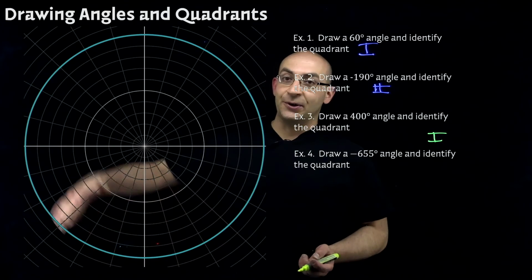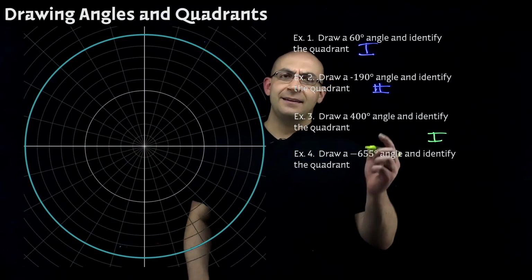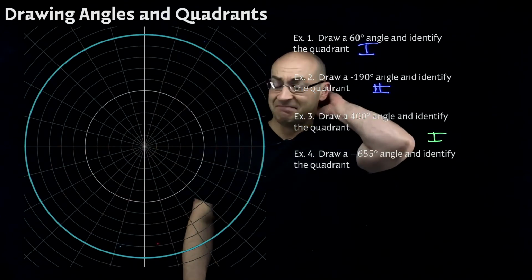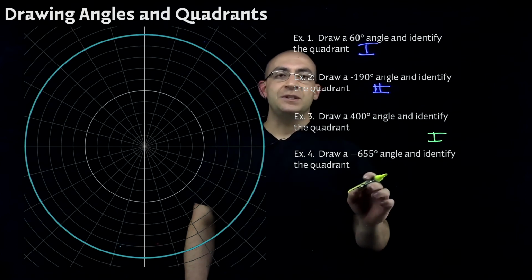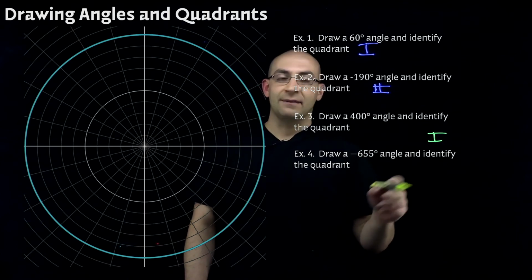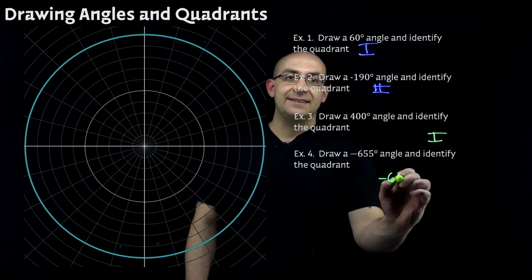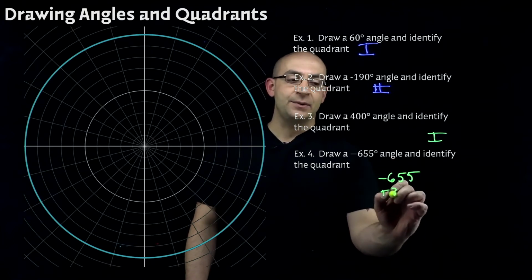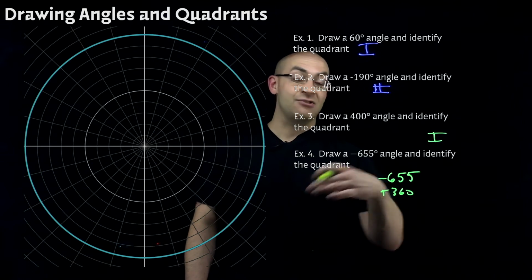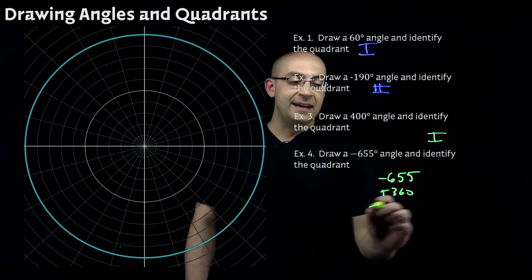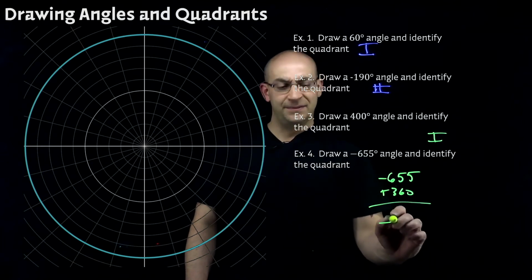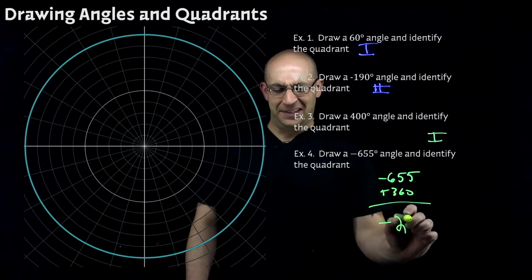I certainly have to go clockwise. Now, negative 655, it's far too big. It was at least one full revolution that I don't need. So let's take that negative 655 and add 360 to it, getting rid of an extra revolution that I don't need. That is going to give me negative 200.